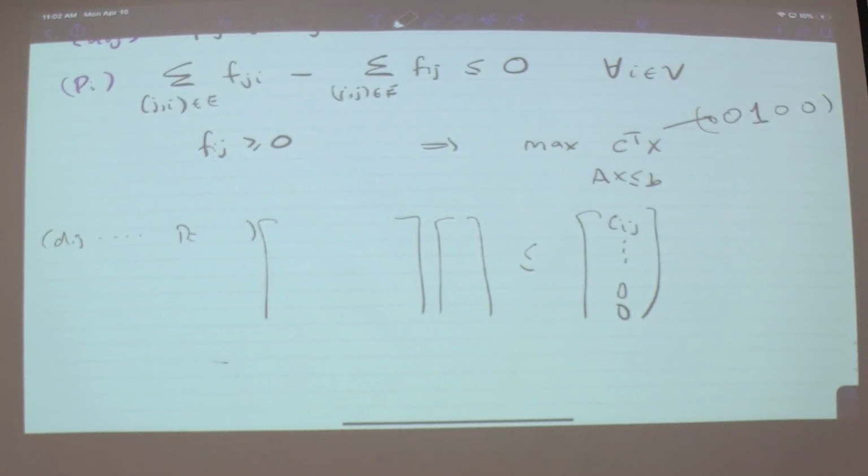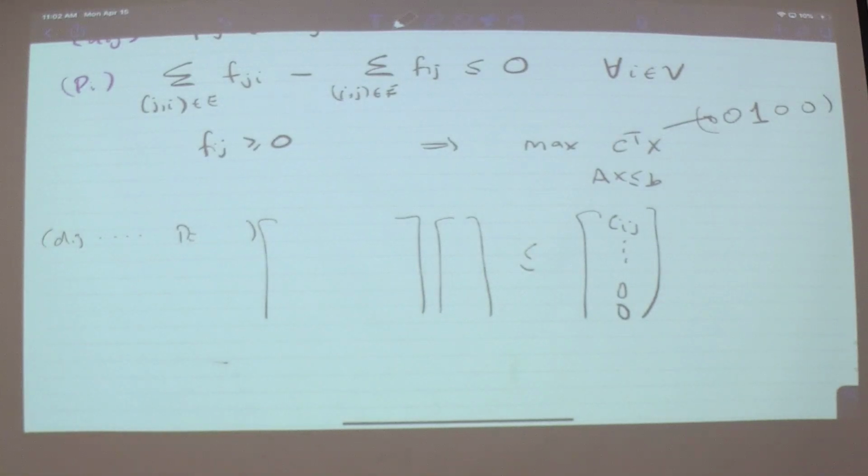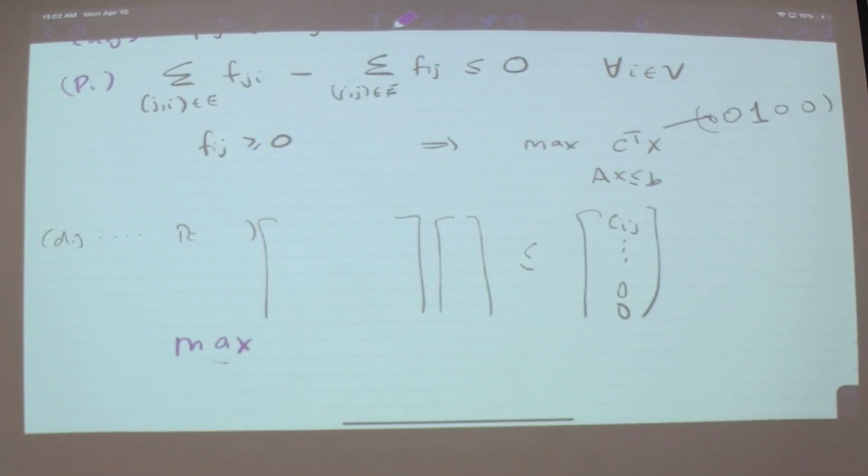So if you now look at what y transpose b is going to look like, it's basically this vector here, dot product with that. And so you're going to end up with the goal of, now write this in here, minimize the dual, sigma cij times dij.